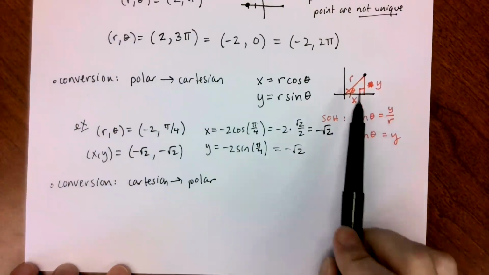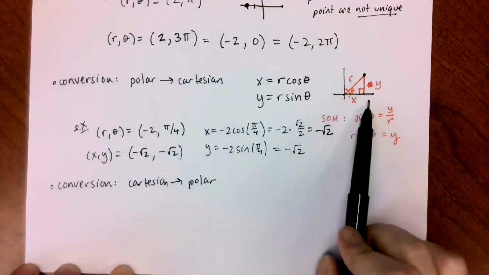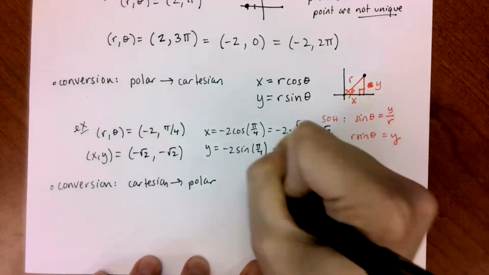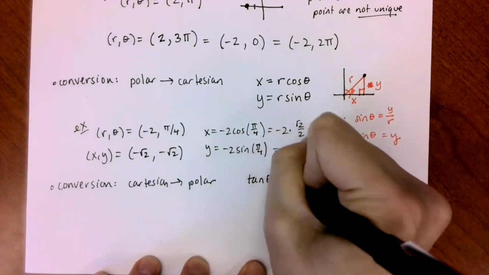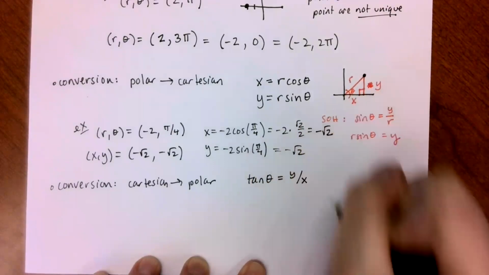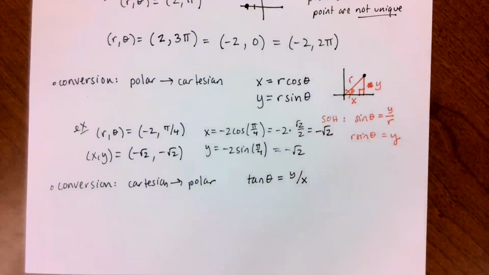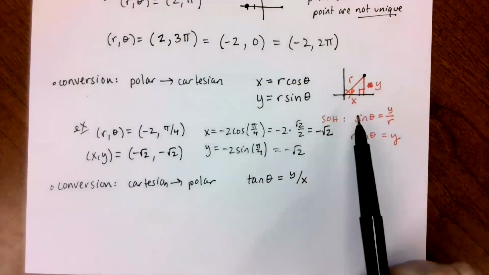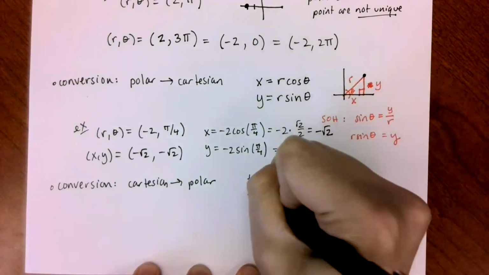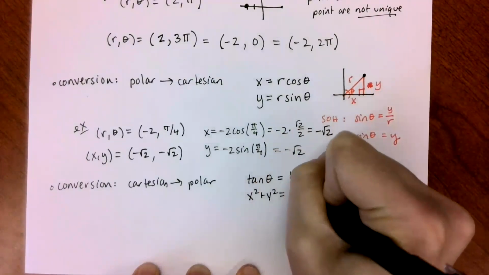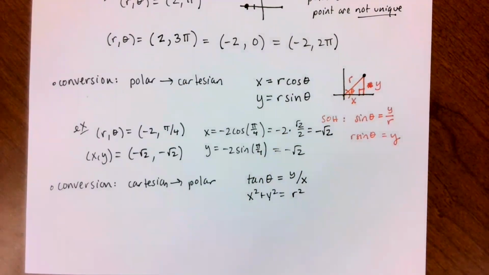If we do TOA in this triangle here, what we end up with is tan theta equals y over x. So that can help us sort of backtrack what theta must have been. And then we could also do the Pythagorean theorem here, and we get that x squared plus y squared equals r squared. And again, we can use that to potentially backtrack for the value of r.